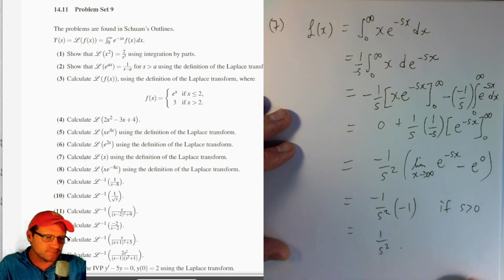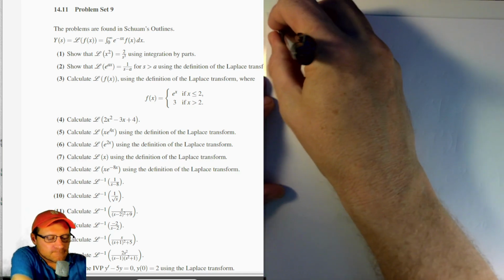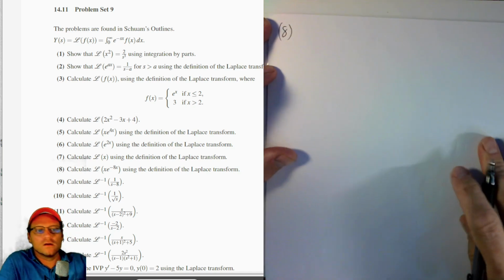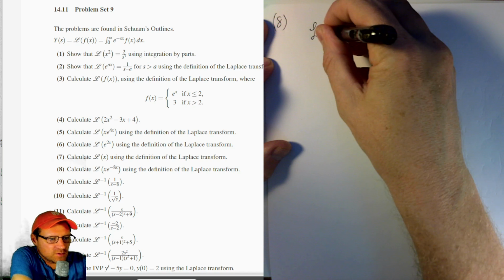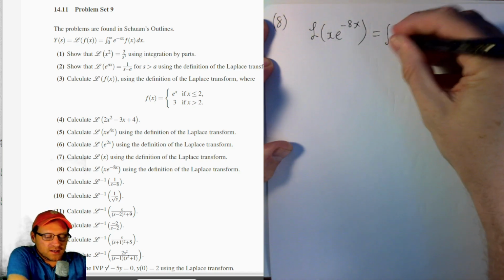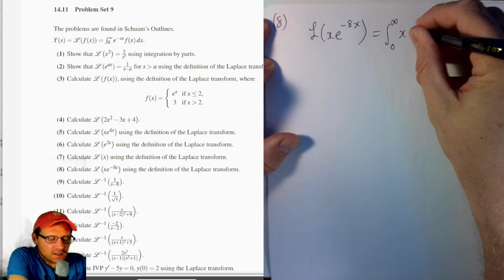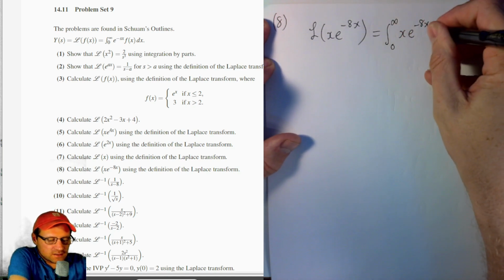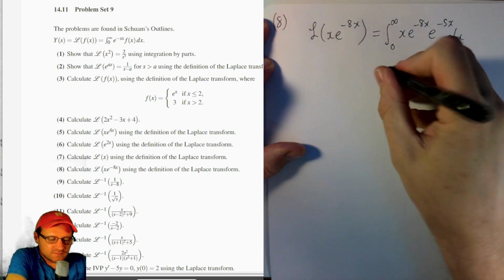Question 8. So in question 8, we have Laplace transform of x e to the minus 8x. So integral 0 to infinity x e to the minus 8x e to the minus sx integrated with respect to x.